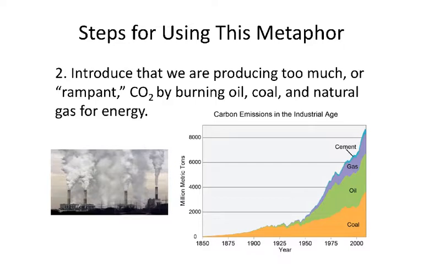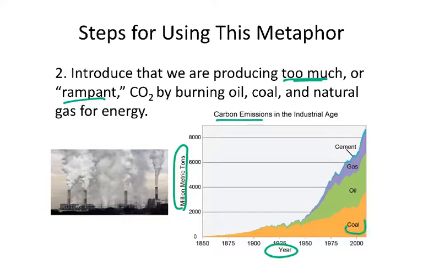Next, what you want to do is introduce the fact that we are producing too much, or rampant, carbon dioxide by burning oil, coal, and natural gas for energy. In this image on the bottom right, we have on the y-axis million metric tons of carbon emissions. On the x-axis, we have the year, and then we have different sources of emissions.